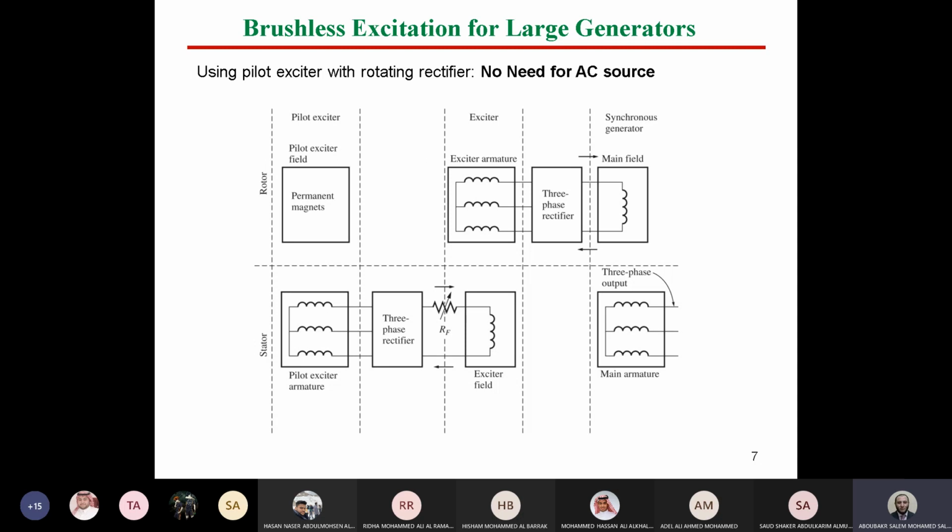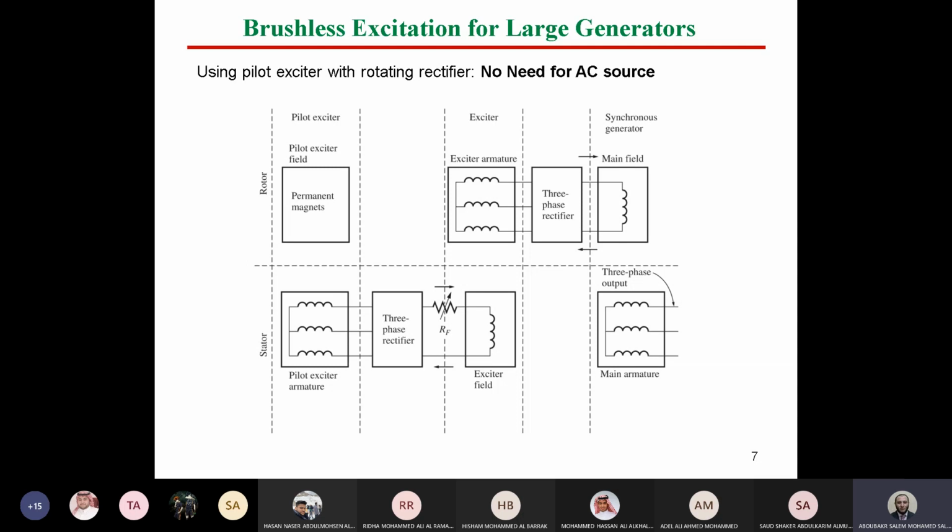Let me give you an example in numbers. If we say a generator of 300 megavolt-amperes, you may find the field circuits, all of these devices up to this part, at several kilowatts. A very small amount compared to the converted power from the synchronous generator.